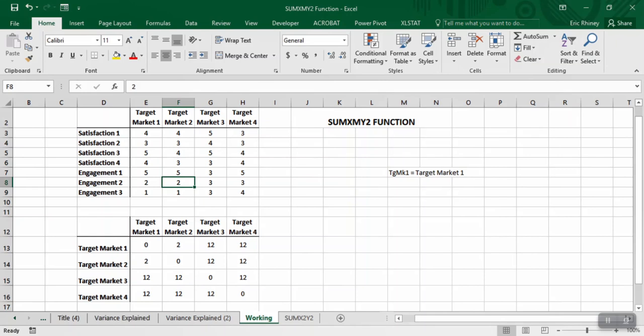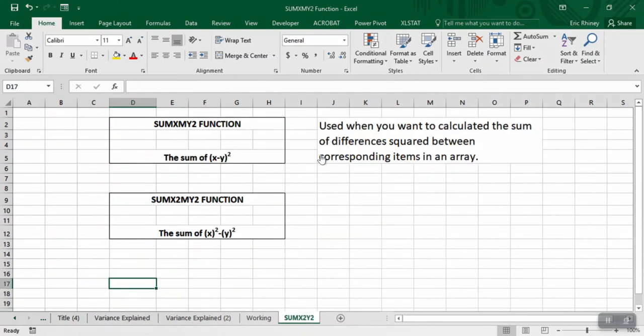All right, and that's how you calculate SUMXMY2. All right, now wanted to talk a little bit about the difference of SUMXMY2 and SUMX2MY2. So this is the sum of differences squared. This is the sum of squared differences.